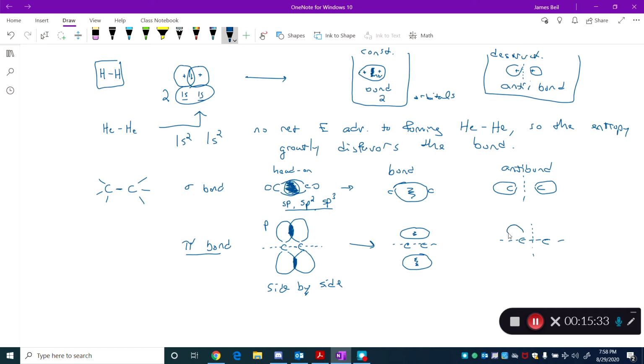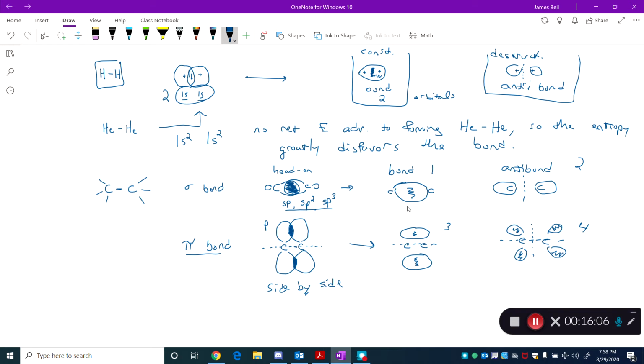So there I get a single orbital with four different sections, and the electron density here is really not close to the nuclei. It's not in the area where it can attract both nuclei, and the nuclei are close together, repelling one another, so that's especially unstable.